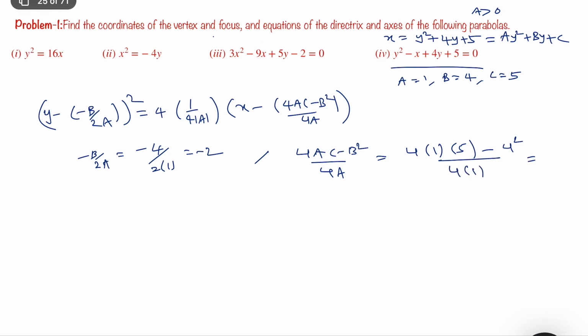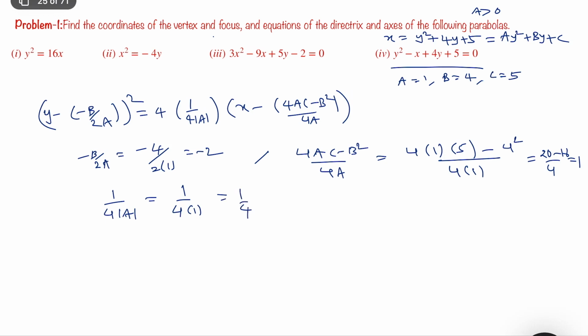It's going to be 20 minus 16 by 4. It's going to be 1. Next, what about this 1 by 4 mod a? That's going to be 1 by 4 times 1. That is 1 by 4.